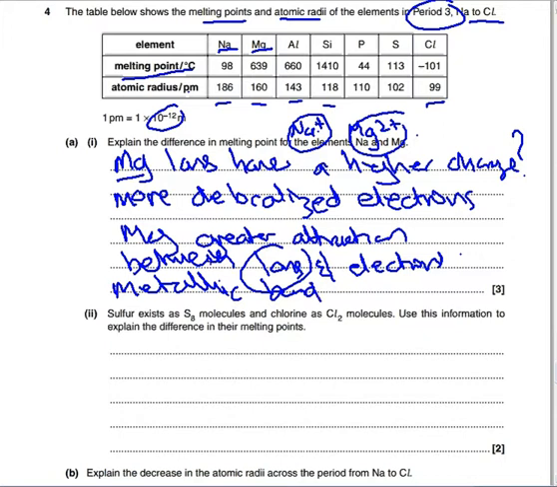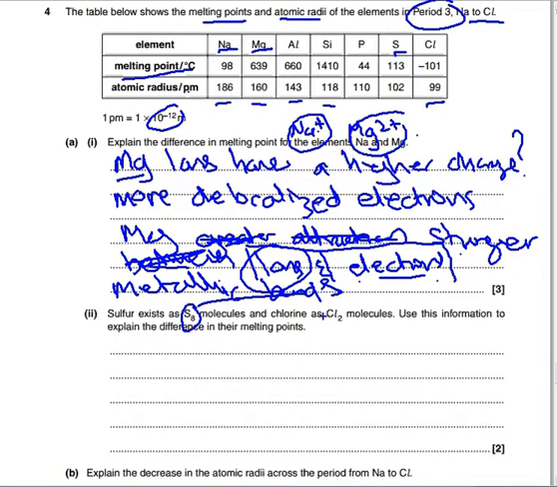So even though you'll get a mark for saying Mg has greater attraction between the ions and electrons, I personally would say magnesium has stronger metallic bonds. But both are right.